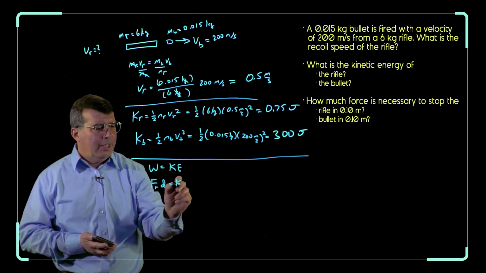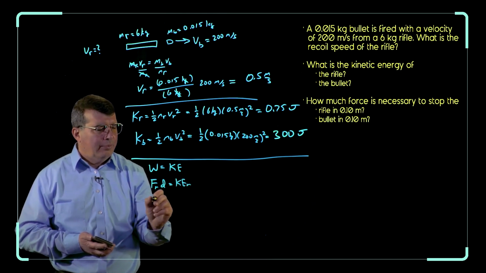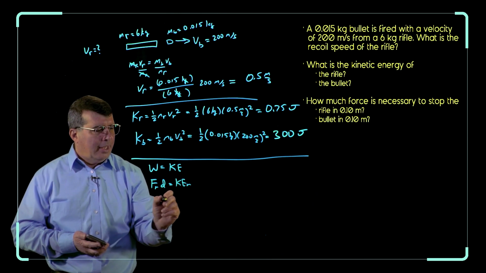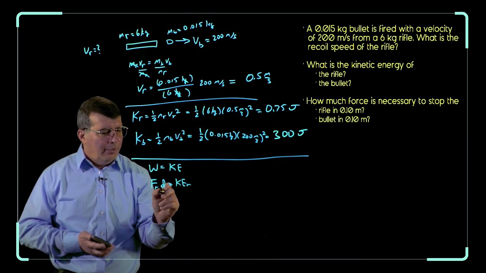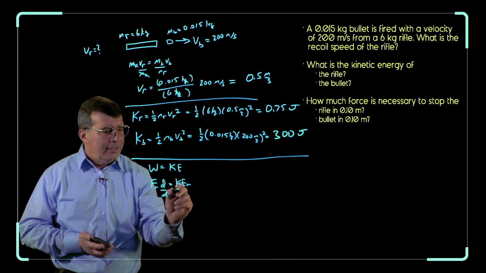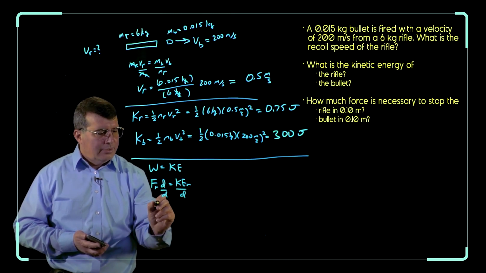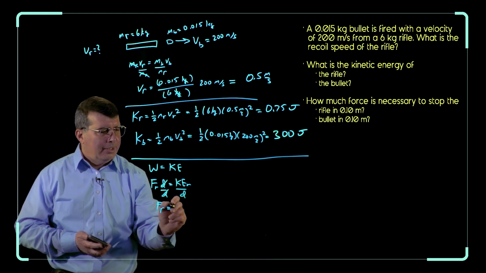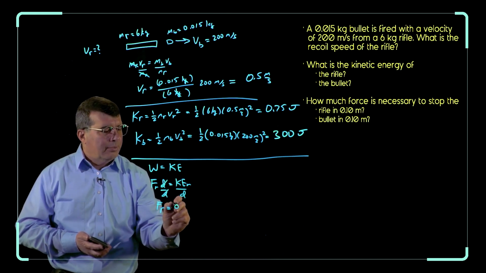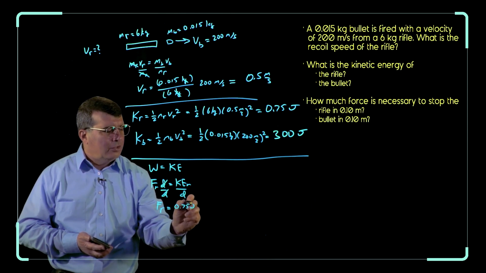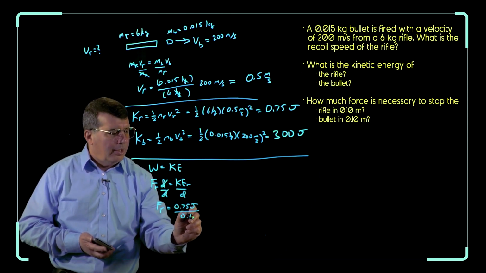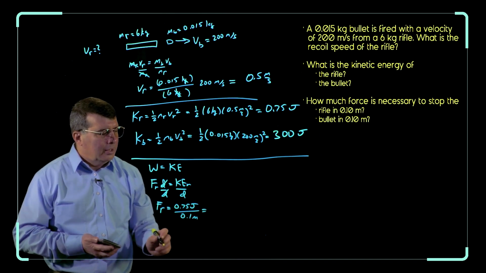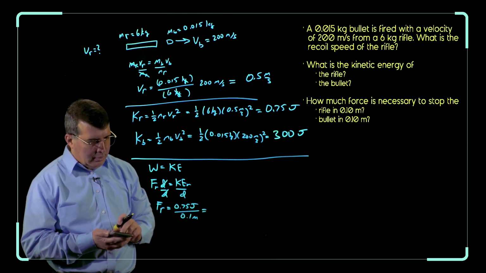That would be the kinetic energy of the rifle. If we want force, we'll divide by d. So the force to stop the rifle, cancel out my d's, would be 0.75 joules divided by 0.1 meters to stop the rifle.